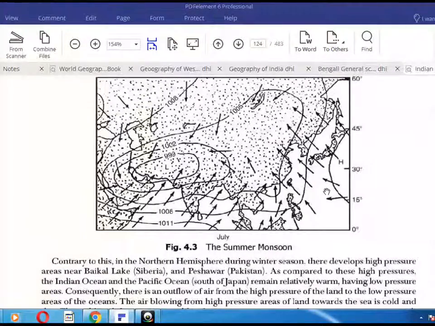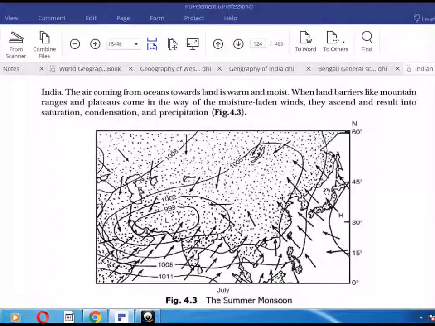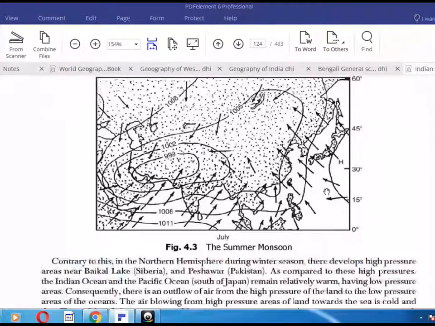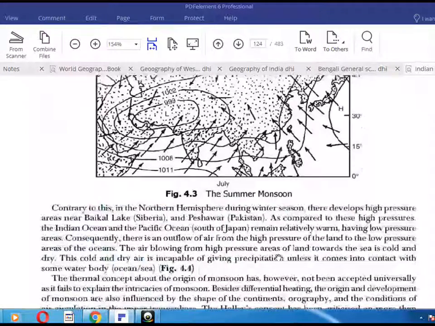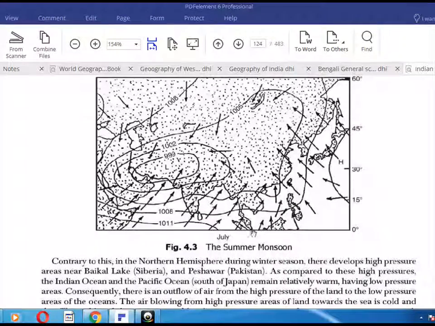The summer monsoon here. Here you can see the summer monsoon. And here is the monsoon now blowing. Here is the southwest monsoon, and here is the northeast monsoon, southeast monsoon.